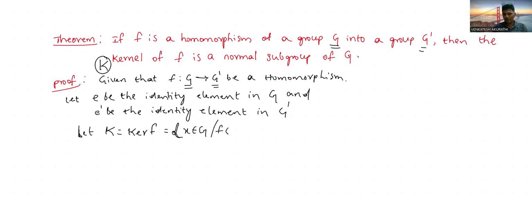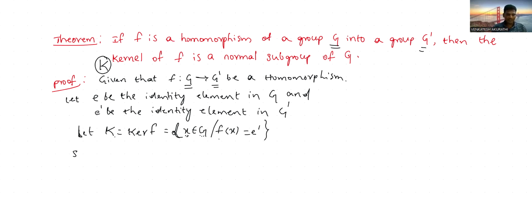So X is one element in capital G, and that element satisfies this condition. Therefore, X also belongs to ker F. Some T belongs to G, F of T is equal to E dash. Therefore, T belongs to capital K.